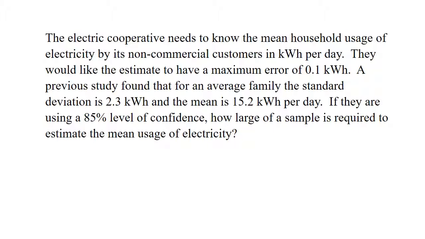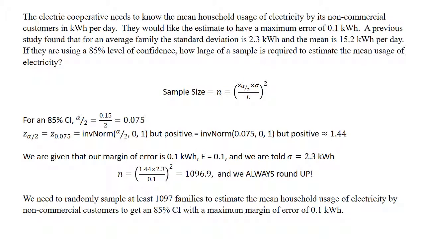We need to have a standard deviation, and even if all we have is a sample standard deviation, we're going to go ahead and use that. We're given that standard deviation is 2.3, and we need a margin of error. So the maximum error we want is 0.1. That is our margin of error. So let's go ahead to that formula.